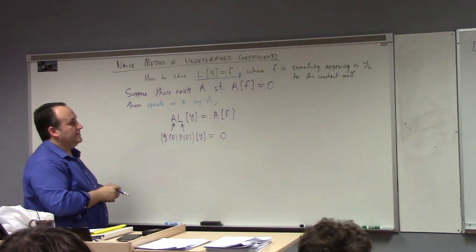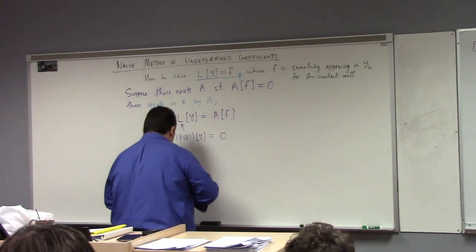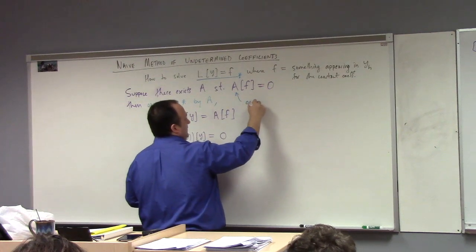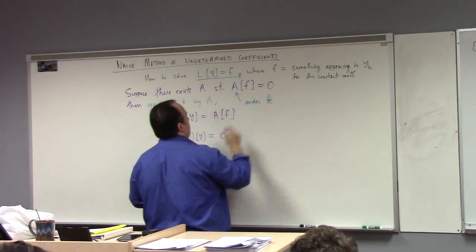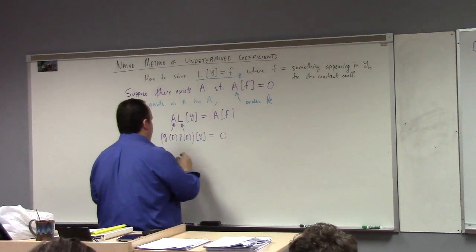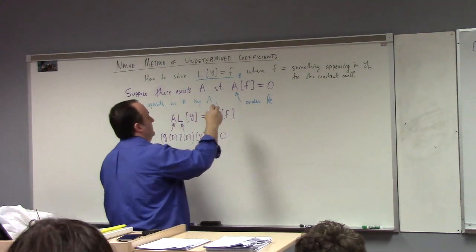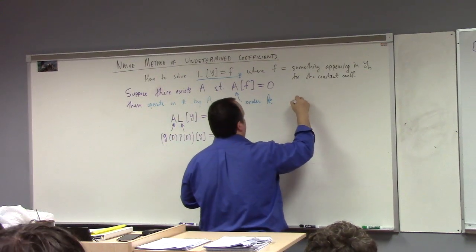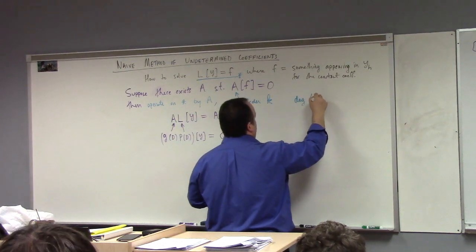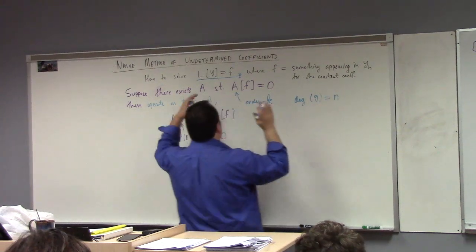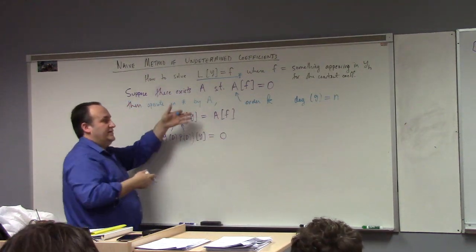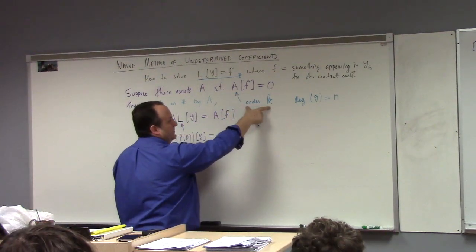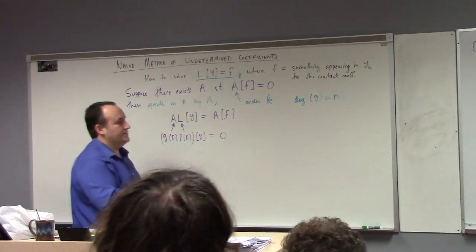So here's the deal. Let's say that L is of order n, suppose the degree of g is equal to n. So in other words, this is an nth order differential equation, and it just so happens that the forcing function can be annihilated by some order k differential operator.